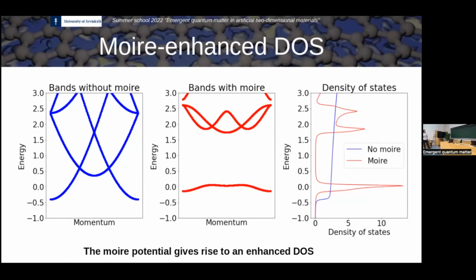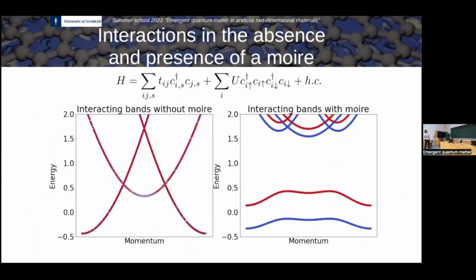And just as a very specific example of this, which is something you are going to do today in the exercise session, let me show you how the correlated state in this twisted heterostructure looks. What we are going to do is take a superlattice that has hoppings and also the moire modulation, and add local interaction.